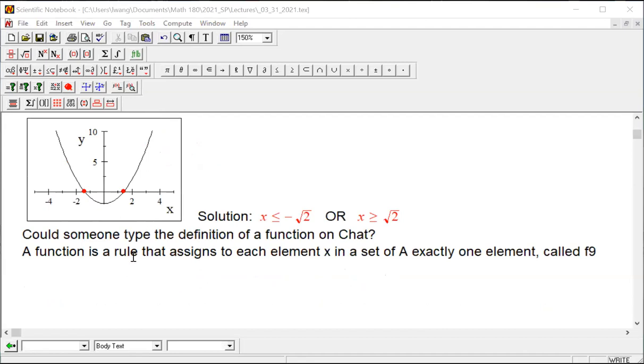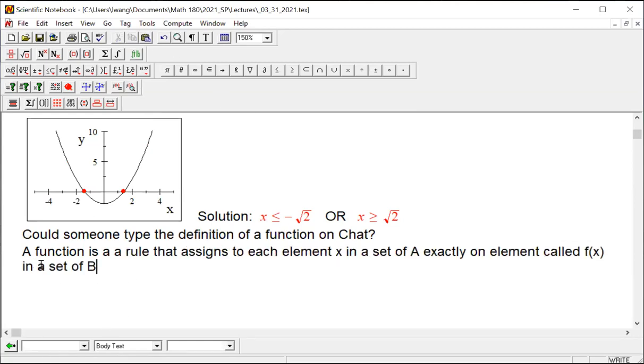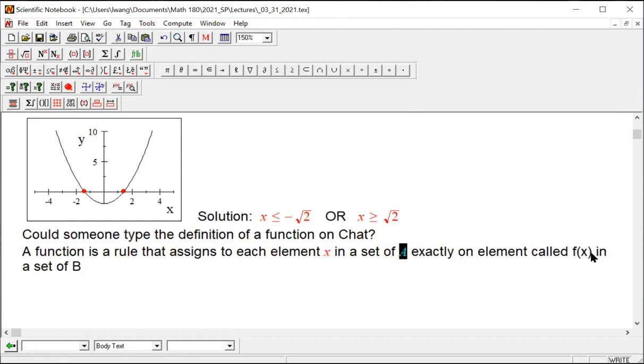He retyped it. I really appreciate you being very careful. Okay, type this: a function is a rule that assigns to each element x in a set A exactly one element we call f of x in the set B.